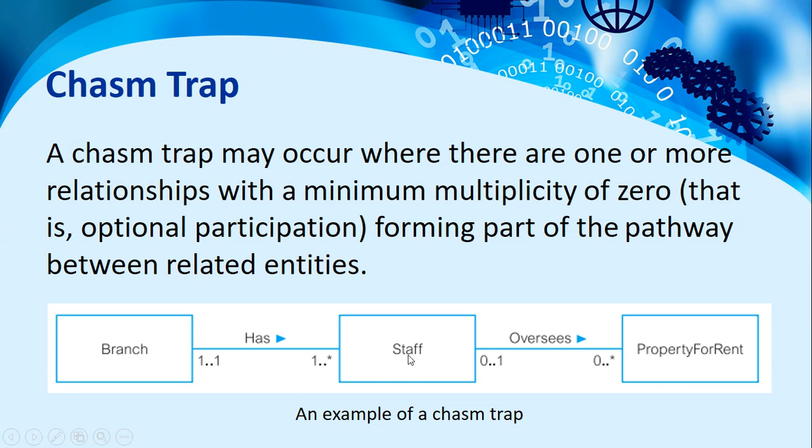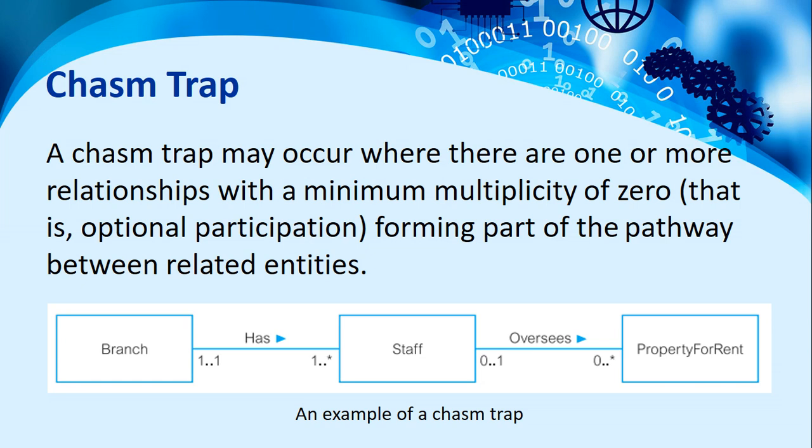We have three entities. We have branch, staff, and property for rent entities. And branch and staff has a relationship. Also, the staff and property for rent has a relationship. So, try to pause down and think, bakit chasm trap ito? Okay? So, according here is merong relationship where yung isa sa mga or pwedeng both of the entities have an optional participation.